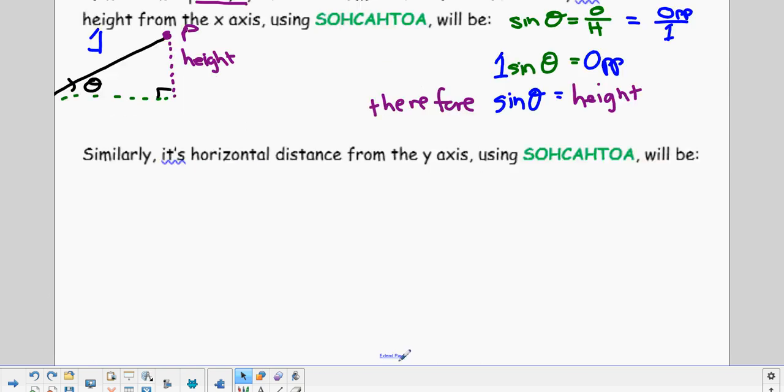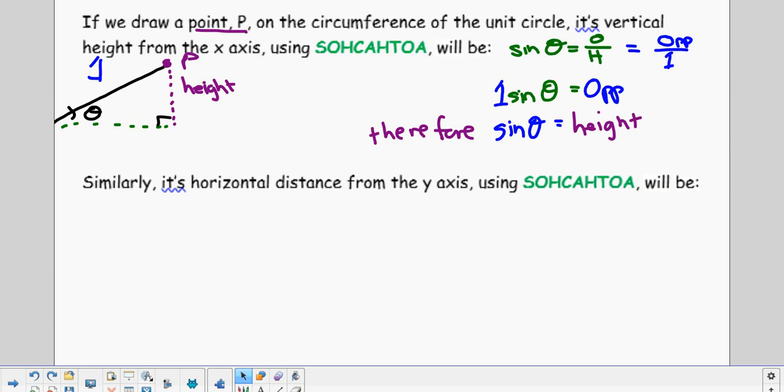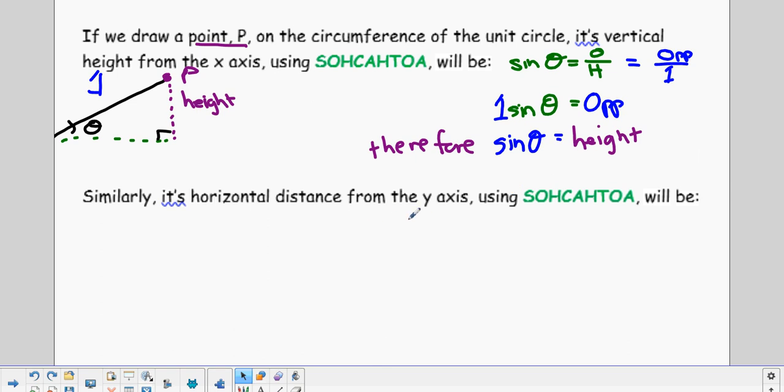Let's give us a bit more space here. So similarly, for its horizontal distance from the y-axis, using SOHCAHTOA, we can use cos theta equals, what is cos theta equal to in SOHCAHTOA? Yeah, adjacent over hypotenuse.